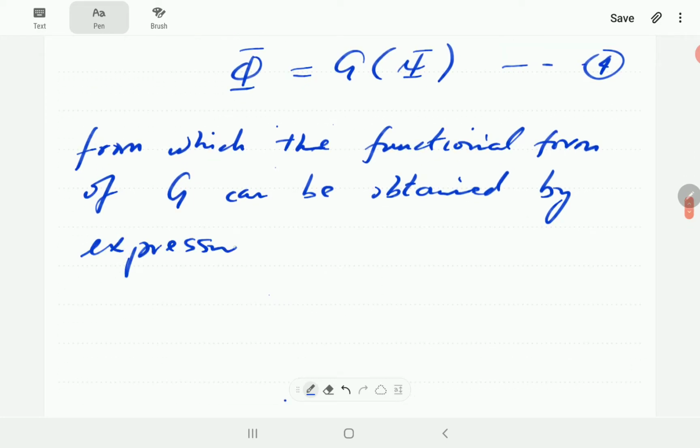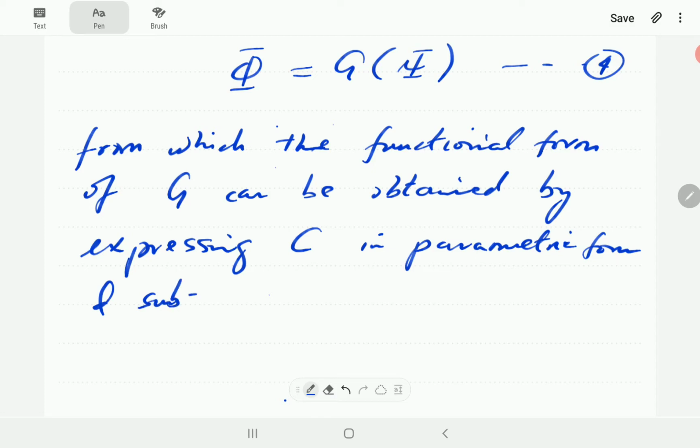by expressing the given curve C in parametric form, and then we substitute it into equation number 4.